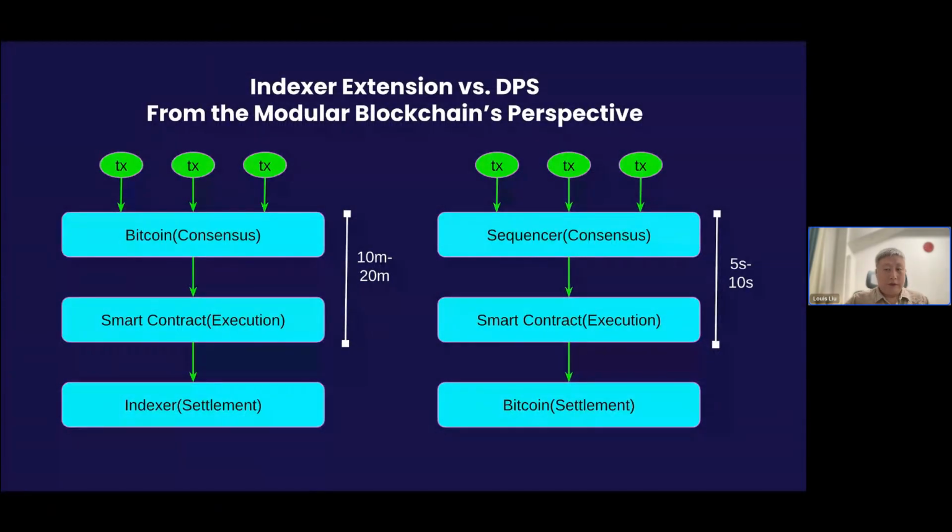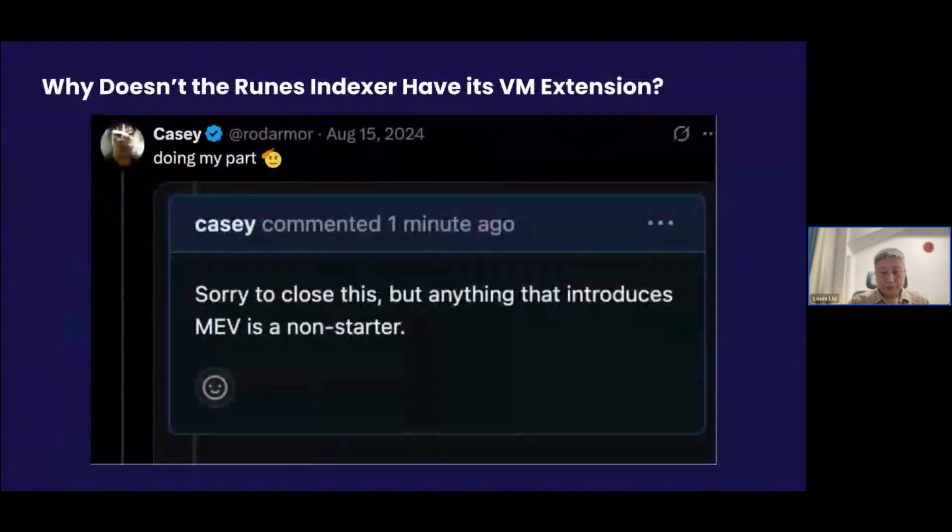So you can see that DPS solutions such as RE have a much better user experience when compared with indexer extension, especially the fast trading feature.